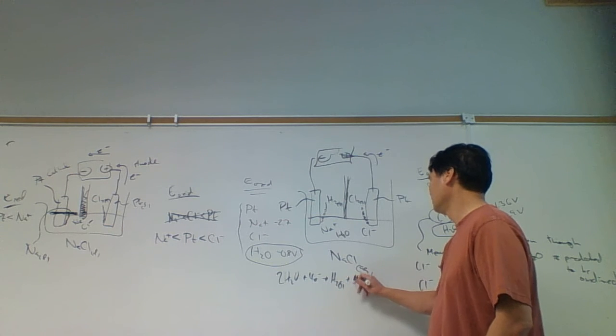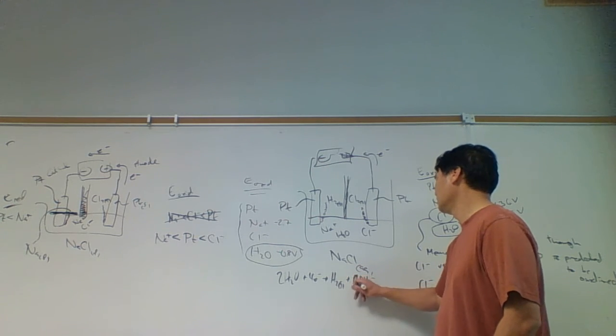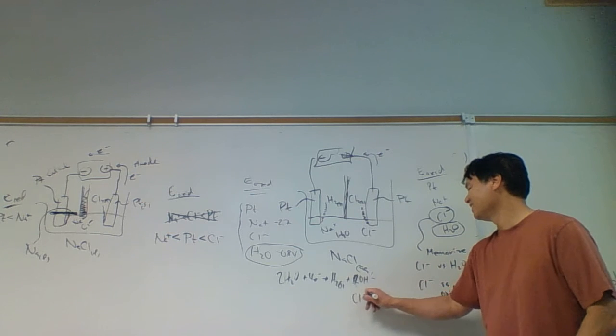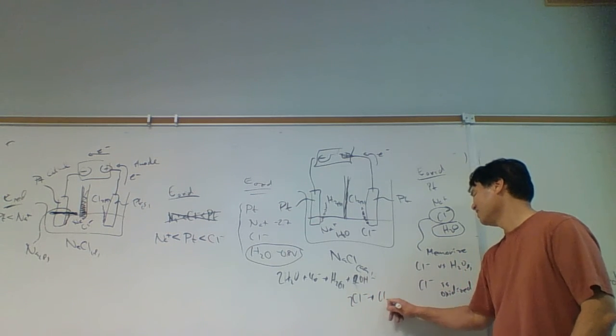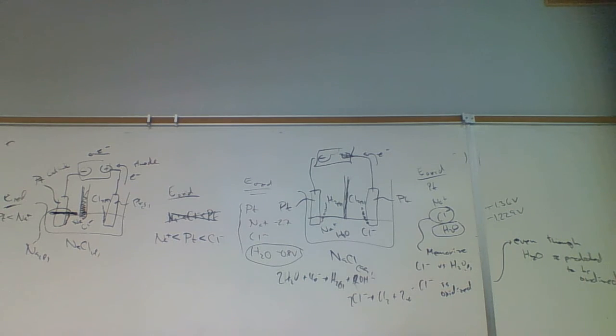Is that right? Is it balanced? 2 hydroxide, sorry. And chloride is oxidized. And then that would be it. And so these are examples of electrolytic cells.